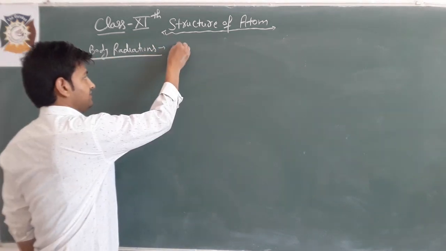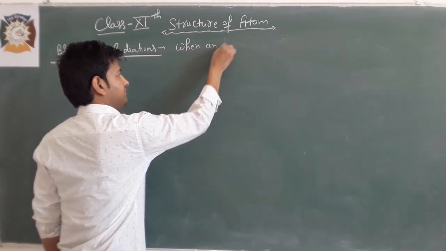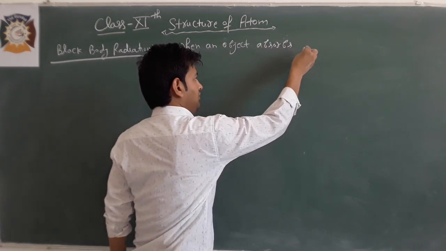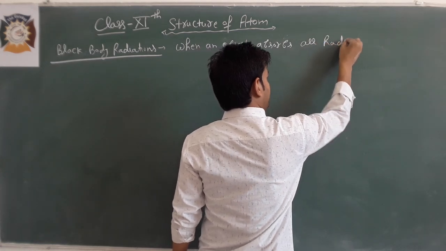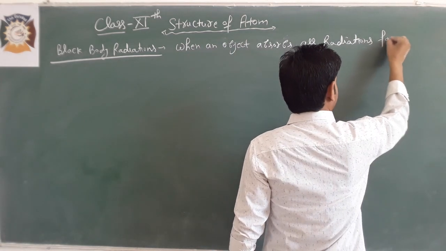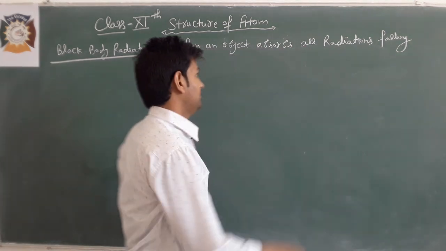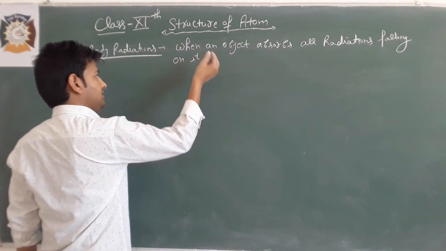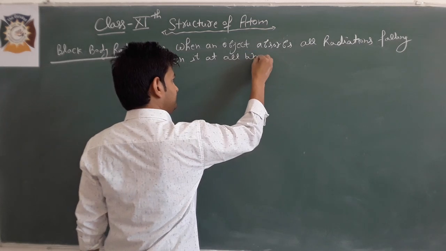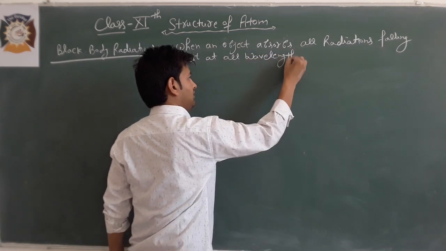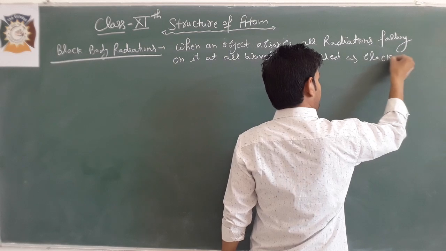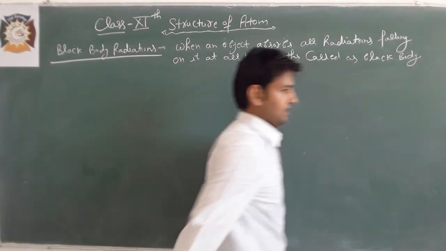According to this, when an object absorbs all radiations falling on it at all wavelength, it is called as black body.